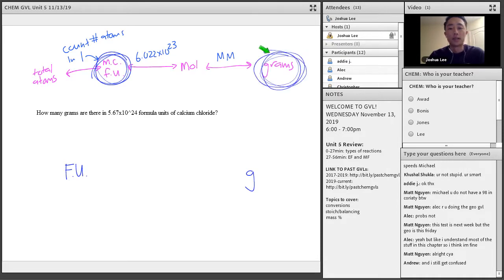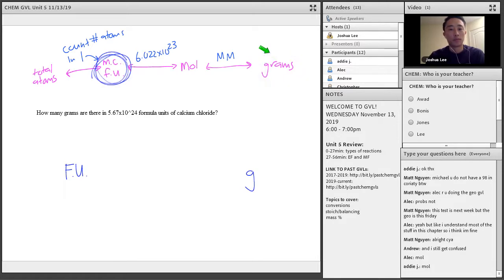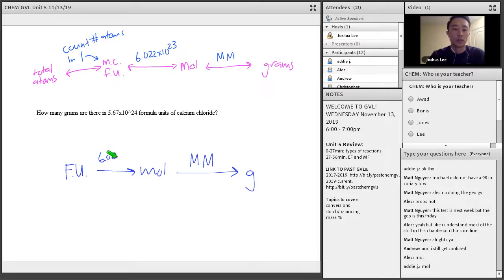So whose house do I have to stop by? Yeah, mole. So from formula units, I have to go to mole, then I could go to grams. Moles to grams, I'm going to have to use my molar mass. And from formula units to moles, I have to use Avogadro's number. So now I have my basic outline of where I'm going to go.